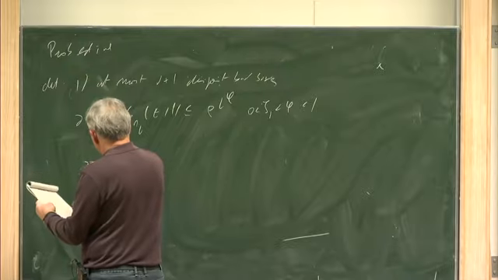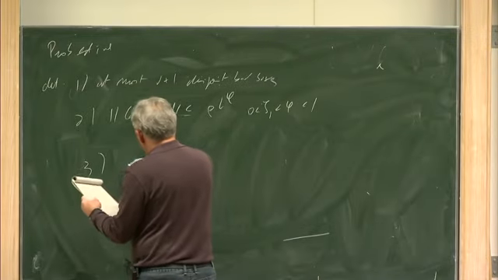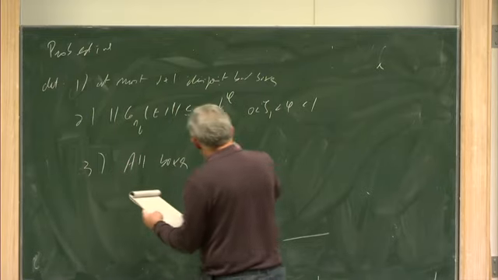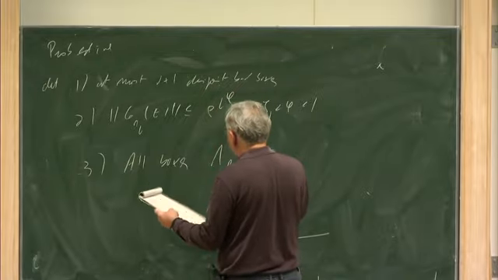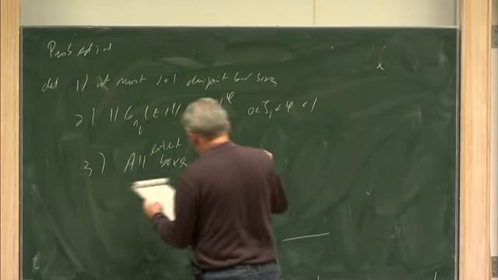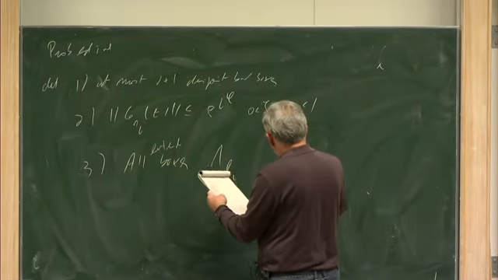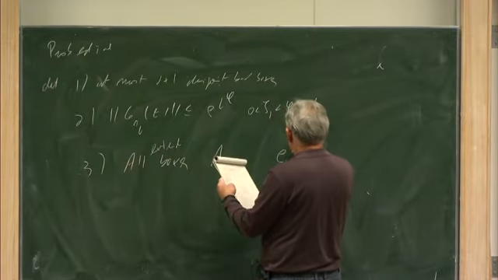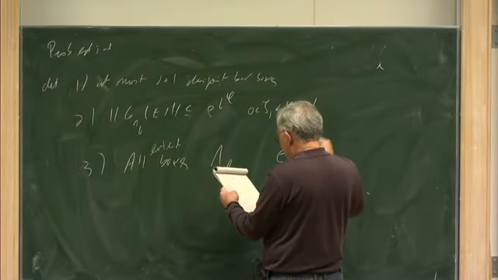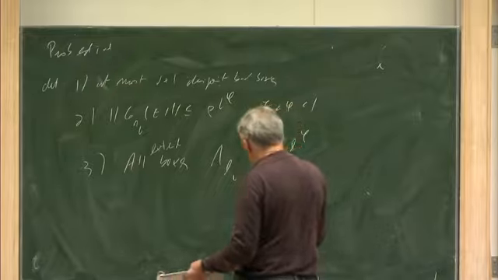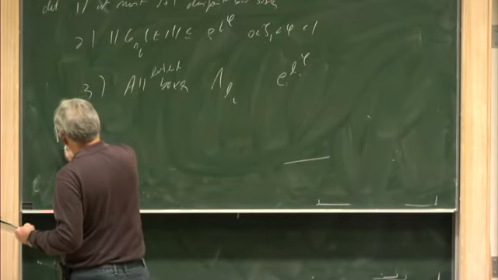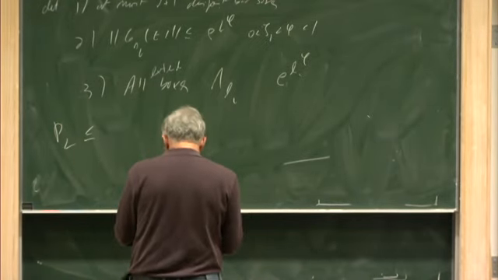And all boxes, those as before, lambda Li, all extended boxes have the Wagner with e to the Li to the phi. And then I calculate the probability as before.